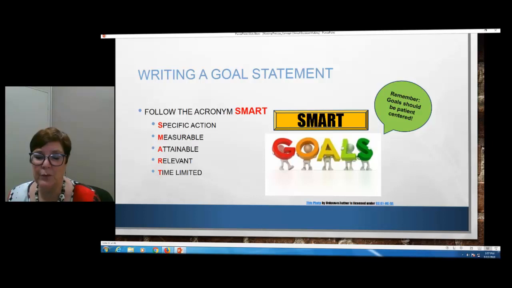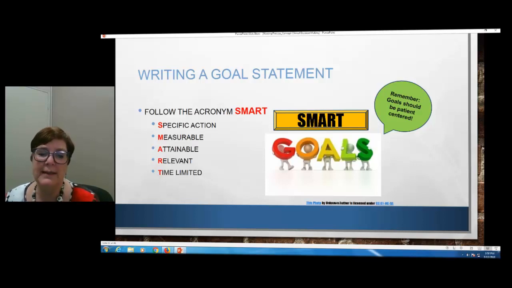So that's very measurable. It's attainable for most patients, and it's relevant. It's relevant because that's the action that we need to help thin the mucus so that the patient can effectively get that mucus up. And it is time limited. We said within 24 hours.